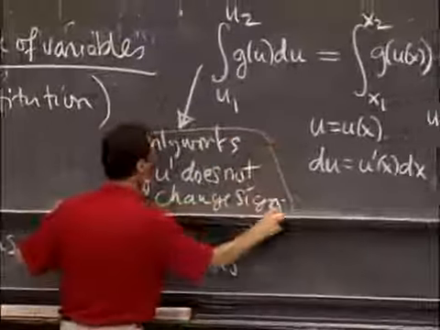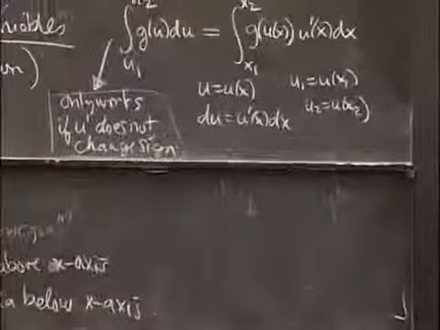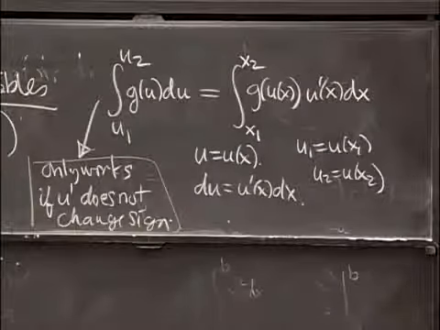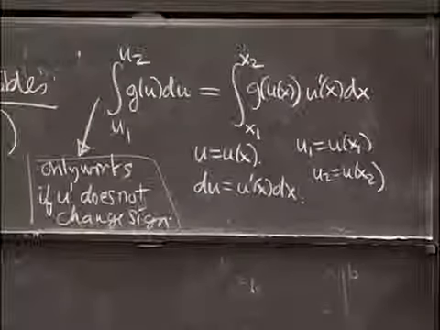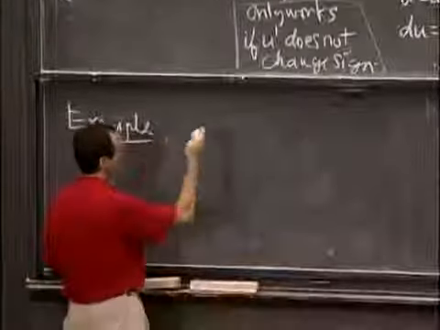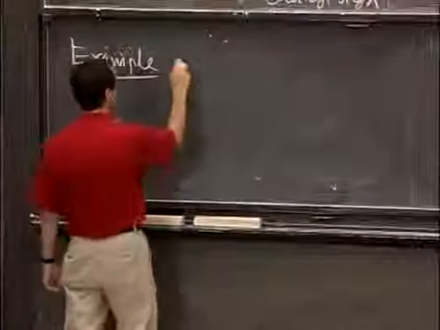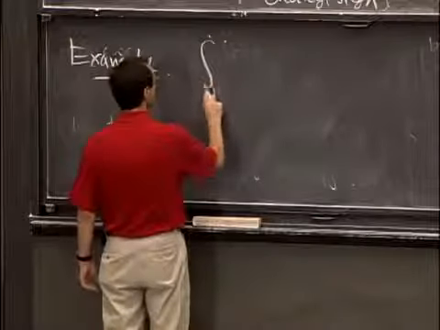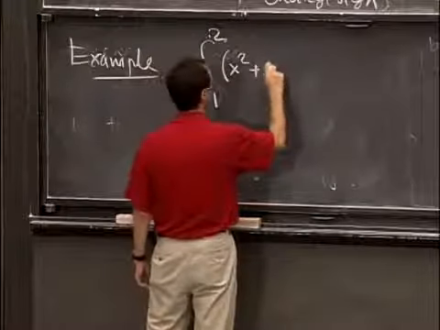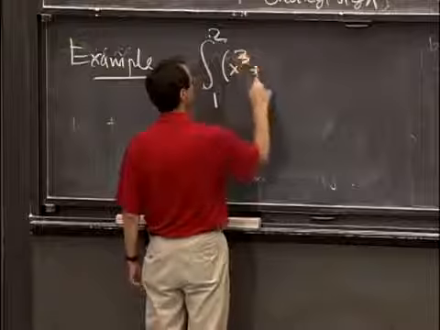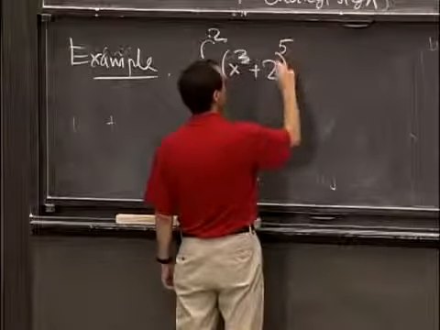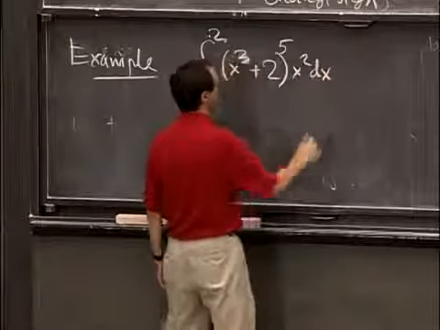All right, let me give you an example. The example will be maybe close to what we did last time, when we first did substitution, I mean. So the integral from 1 to 2, this time I'll put in definite limits, of x cubed plus 2, let's say, to the 5th power, times x squared dx.